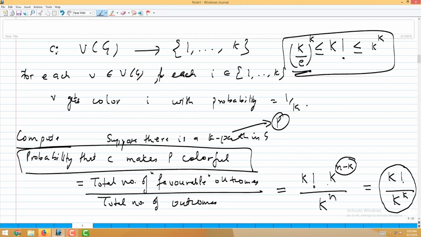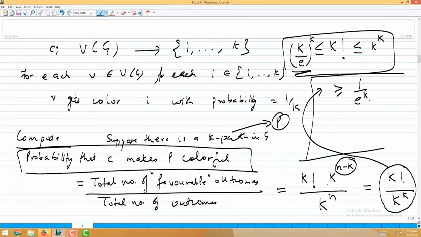So if I use this lower bound, can I lower bound the probability that I've got? Let me write it here. This will be at least 1 by e power k, right, this probability.